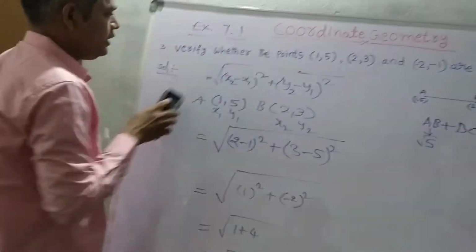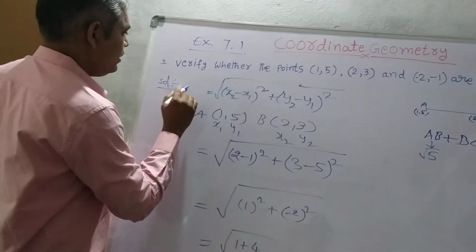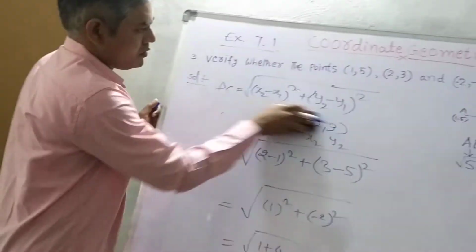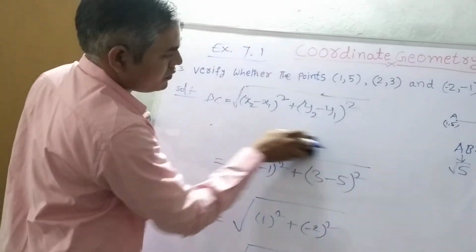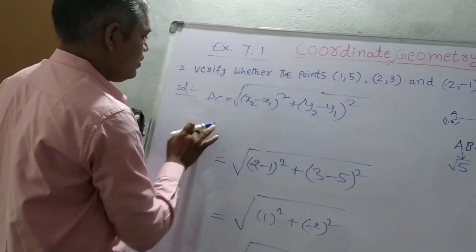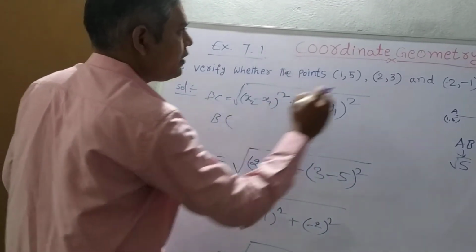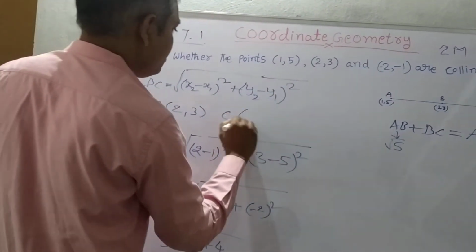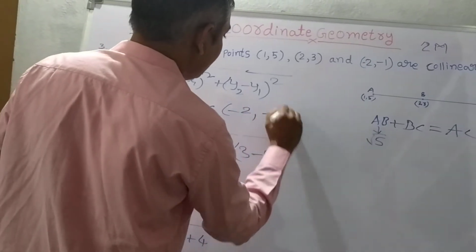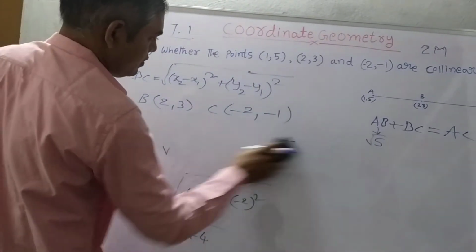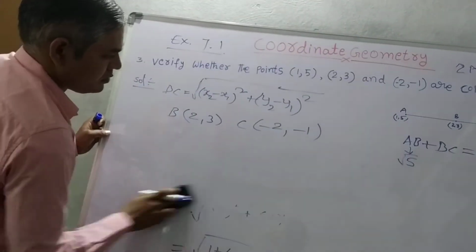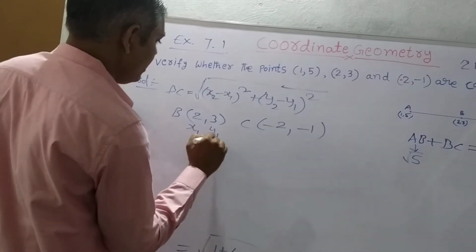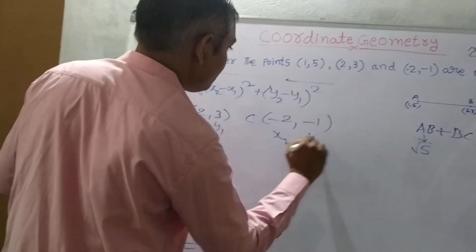Here B is 2 comma 3, C is minus 2 comma minus 1. x1 y1 x2 y2.